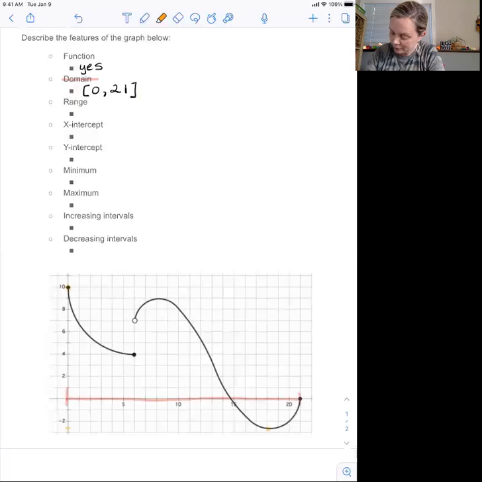So it does stretch all the way down here, -2.5, not quite at -3. So I'll say -2.5. And it goes all the way up to 10 and includes 10. So I'm going to make sure that for my brackets, when I'm doing interval notation, I get the square brackets that include the number there. So that was my range.